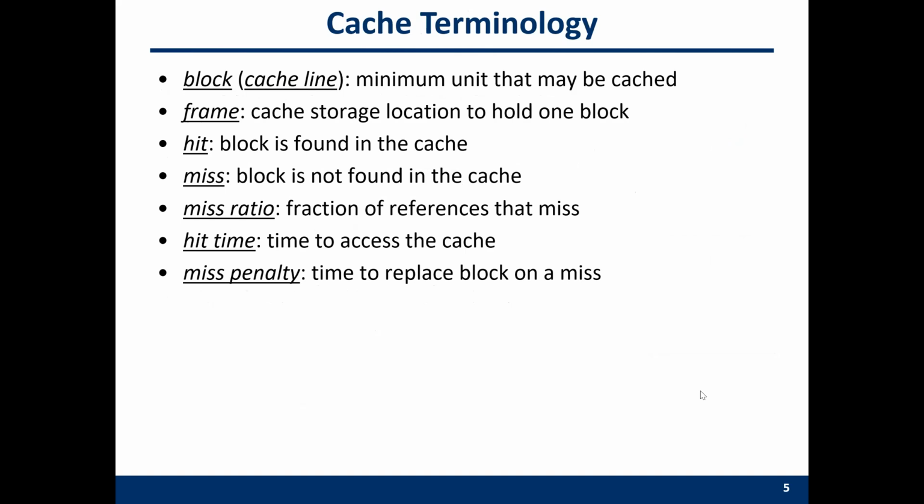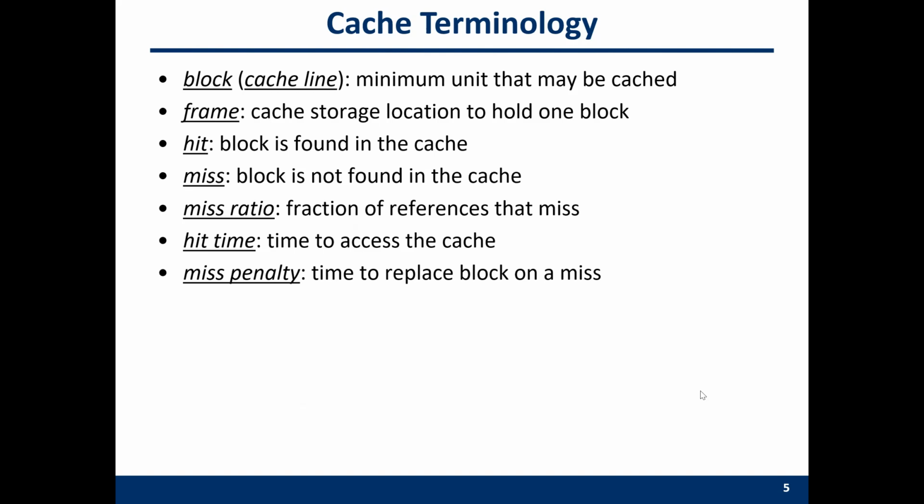If you can find the data you want to read in the cache, this means hit. Otherwise, if you cannot find it, it's called a miss. So miss ratio means you try to find your data 100 times, how many times you cannot find your data? And hit time means after you have a hit, how many cycles it takes for you to read your actual data from the cache to the CPU.